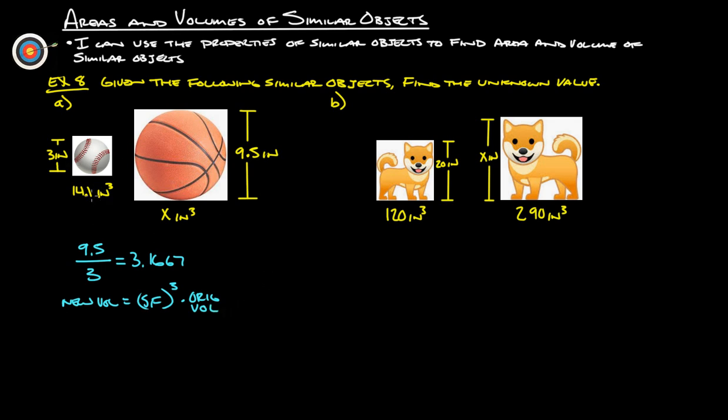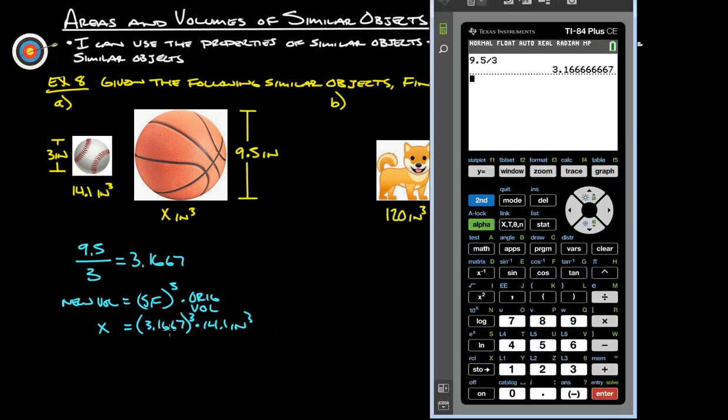Okay, so let's start plugging in information here. New volume, we don't know. That's X. Scale factor we know is 3.1667 cubed, and then the original volume is 14.1 cubic inches.